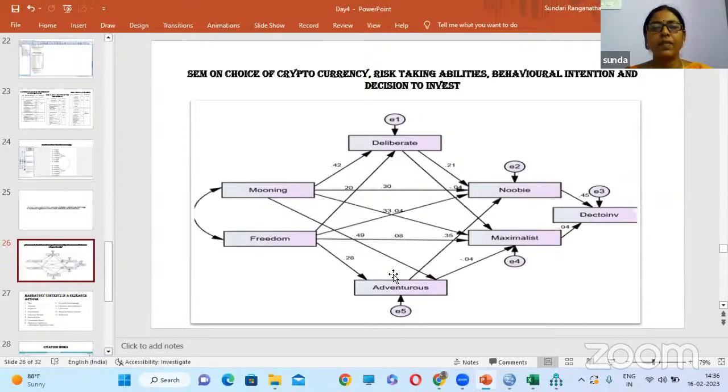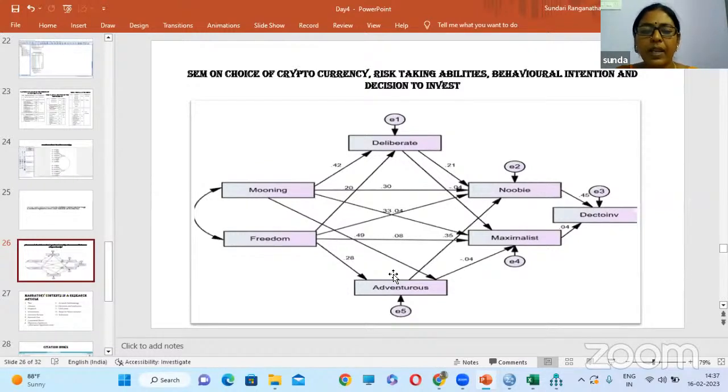So when you are giving a final answer to a question on who's investing in cryptocurrency, who's interested in investing in cryptocurrency, what type of behavioral intentions are there, this type of research will definitely be of help. So who is investing, we can interpret this.